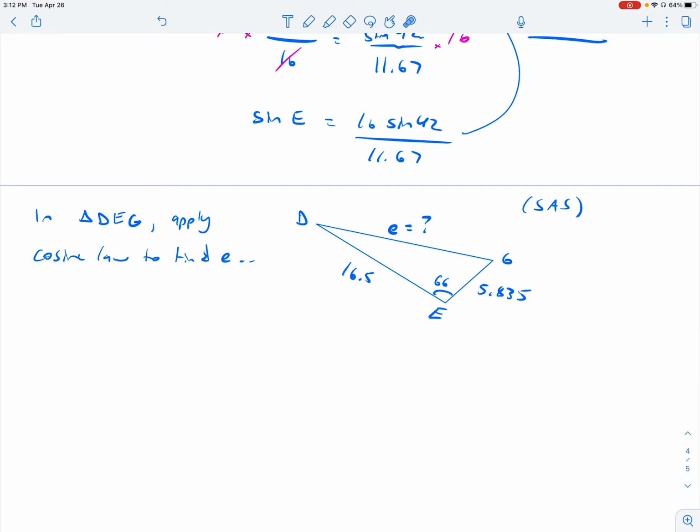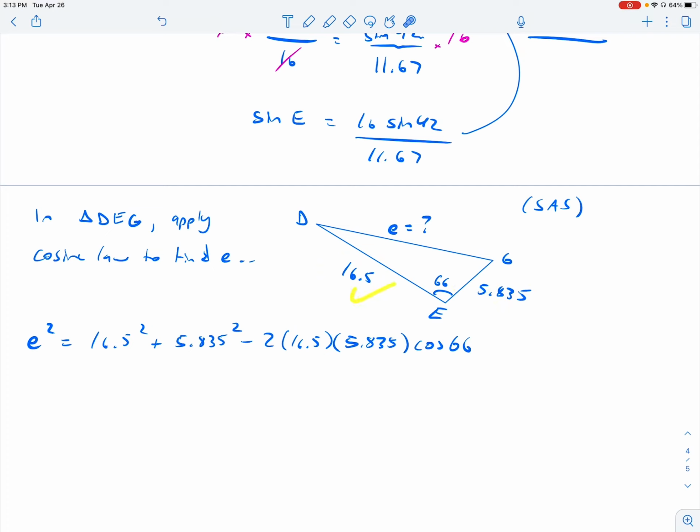This time the side I'm looking for, E. E squared is going to equal the other sides squared, minus 2 times the other sides, times 5.835, times cos of the angle E, cos of 66, the angle here at E. Remember, I always look at it this way: this side length squared is always equal to this squared plus this squared minus 2 times this times this times the angle in between.